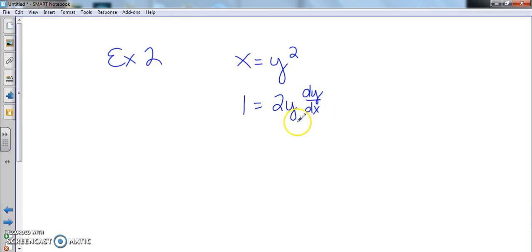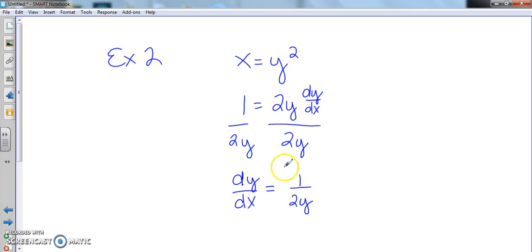Now, around rule 4, we have to solve for dy/dx. So what we're going to do is divide both sides by 2y. And you have a final answer of dy/dx is equal to 1 over 2y. We know we are done because we have solved for dy/dx.